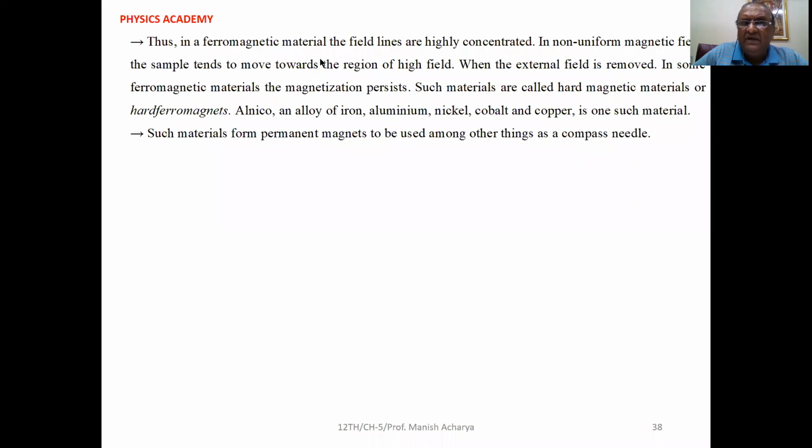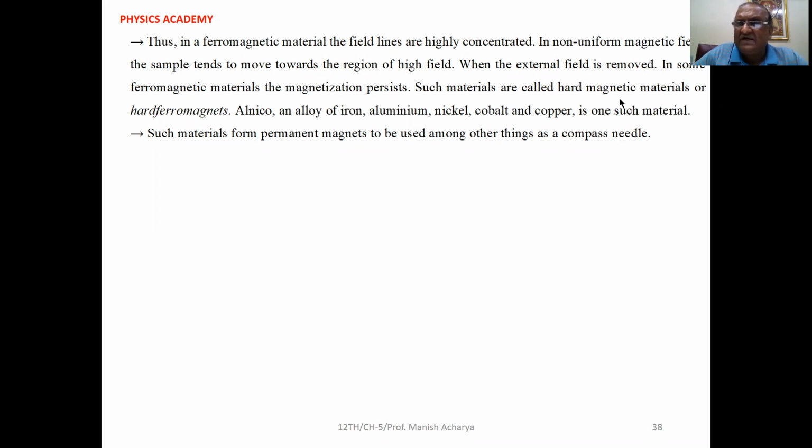Thus, in a ferromagnetic material, the field lines are highly concentrated, and in a non-uniform magnetic field, the sample tends to move towards the region of high field. When the external field is removed, in some ferromagnetic materials, the magnetization persists.